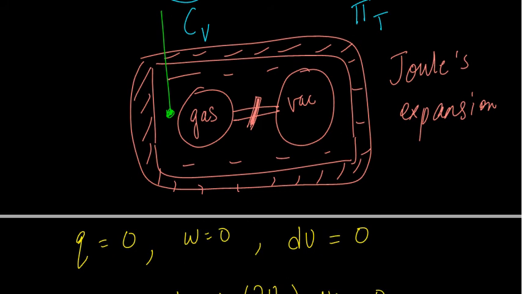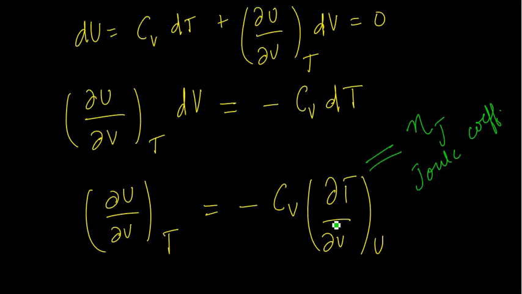And these molecular interactions are low for the gases that he measured. So what he actually observed was that there is no change in temperature as a function of volume, right? So essentially, he came to the conclusion that this fellow is equal to 0.